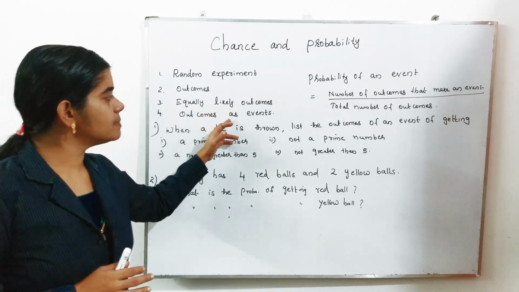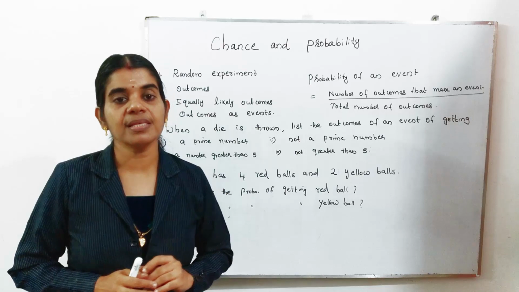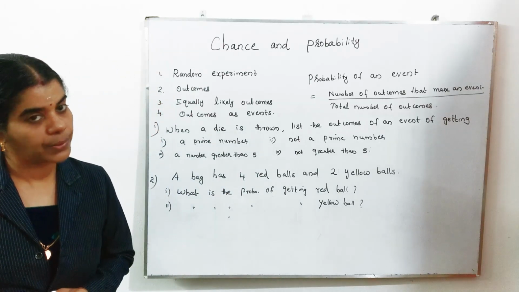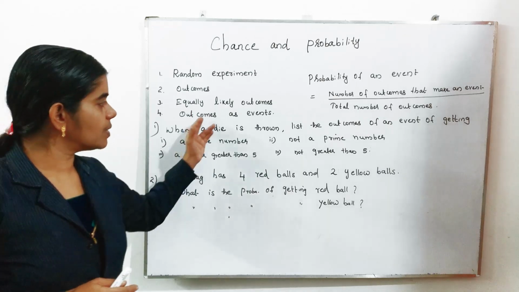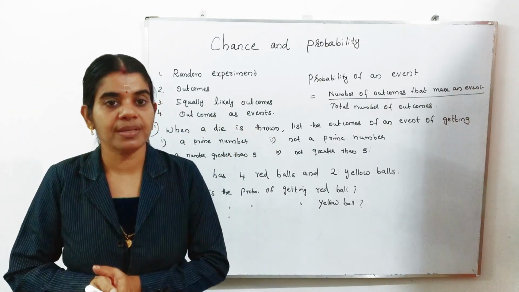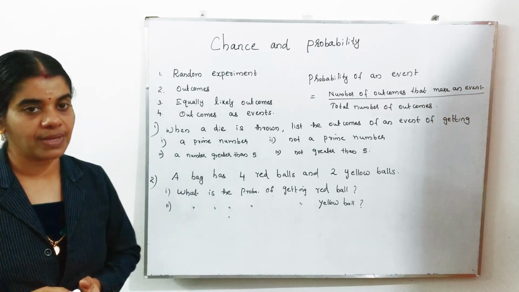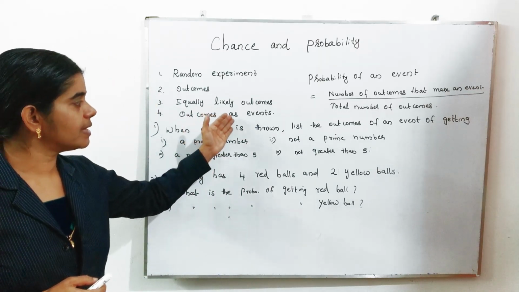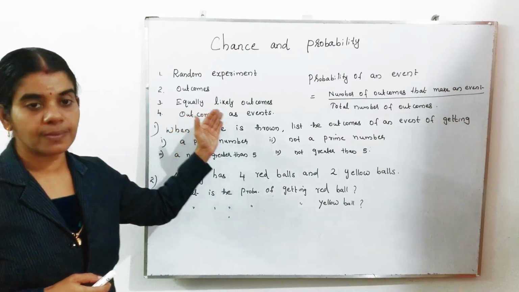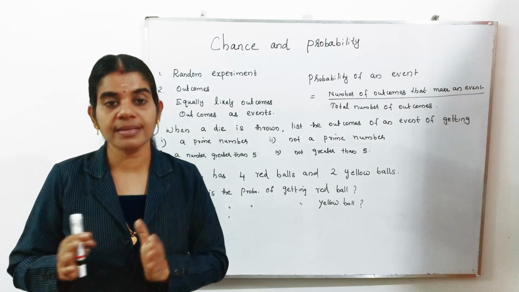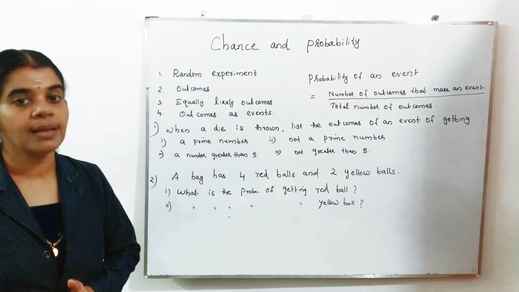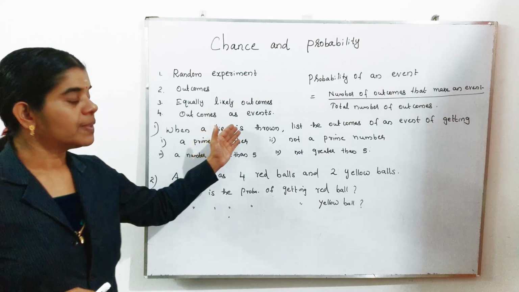Next one, outcomes as events. In the case of coin tossing, head and tail are the outcomes. Thus outcomes are known as events. Suppose we take 2 outcomes together, that is also known as an event. Head or tail will be the event for a coin tossing. If a die is thrown, 1, 2, 3, 4, 5, 6 are the outcomes of a die.